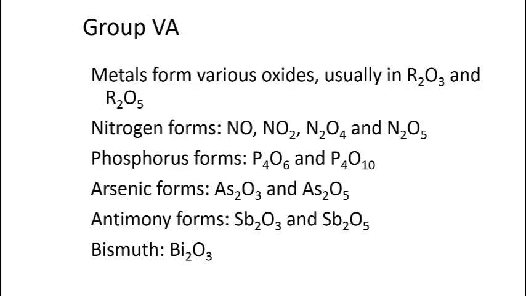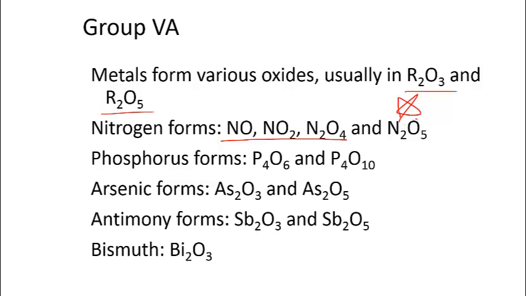Now, the elements in this group form various oxides in the form R2O3 and R2O5. Nitrogen forms many oxides, actually: NO, NO2, N2O4, and N2O5, all of which are gases with the exception of N2O5.